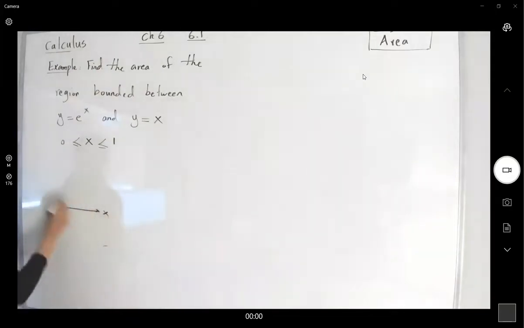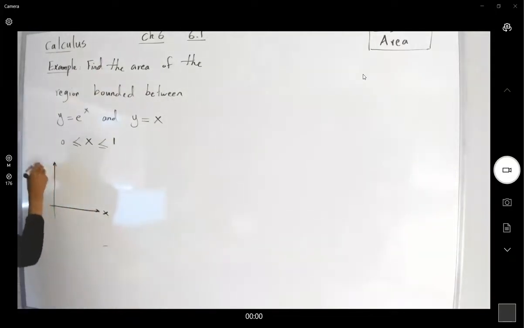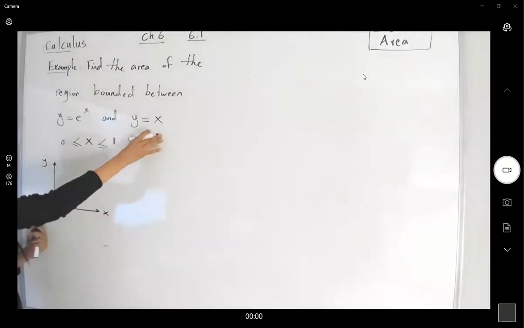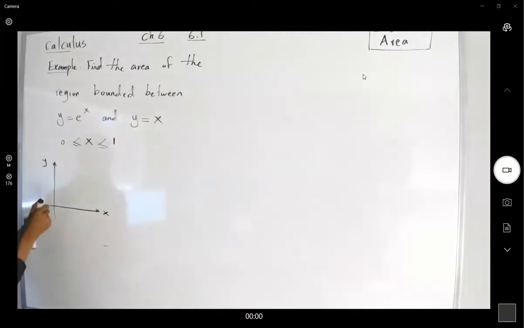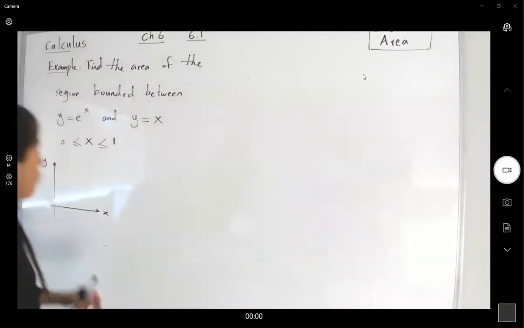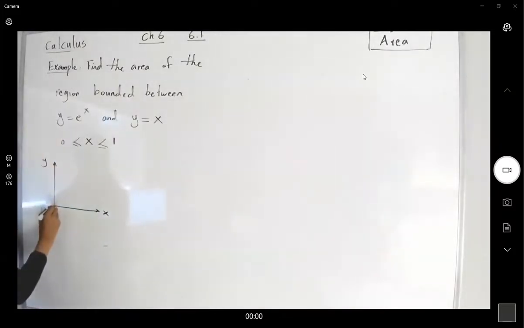This is my x-axis, this is my y-axis. So here, this guy is just the line y equals x between 0 and 1. So (0, 0) and (1, 1). This is y equals x.